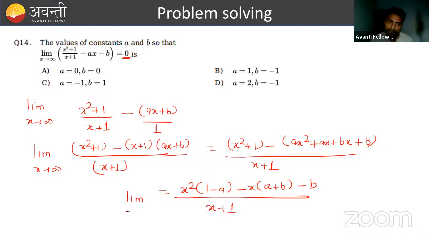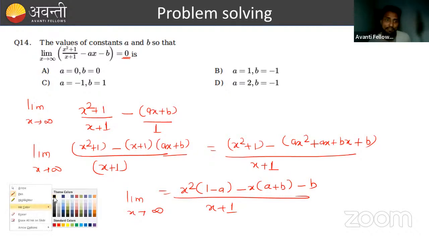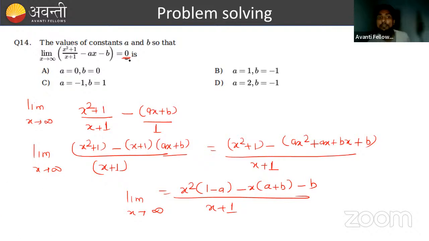Now all combined together, if I write the coefficients separately, 1 minus a for x square, then minus a plus b for x, and then minus b, divided by x plus 1, with limit x tending to infinity. But again there is a problem: the x square degree is greater, but we want a finite answer, and that is 0. It is given.